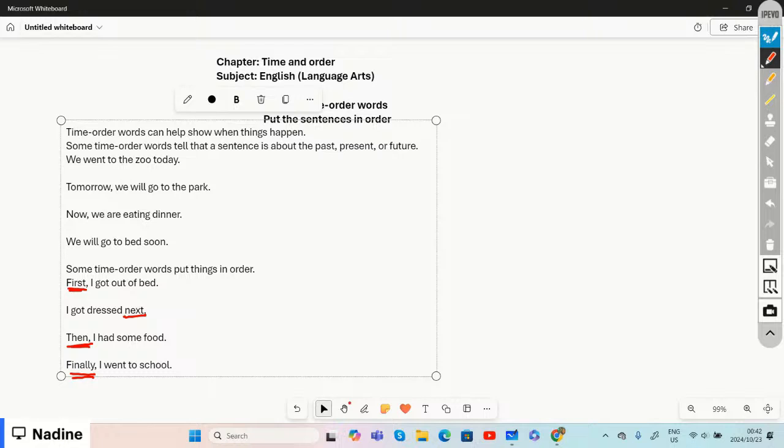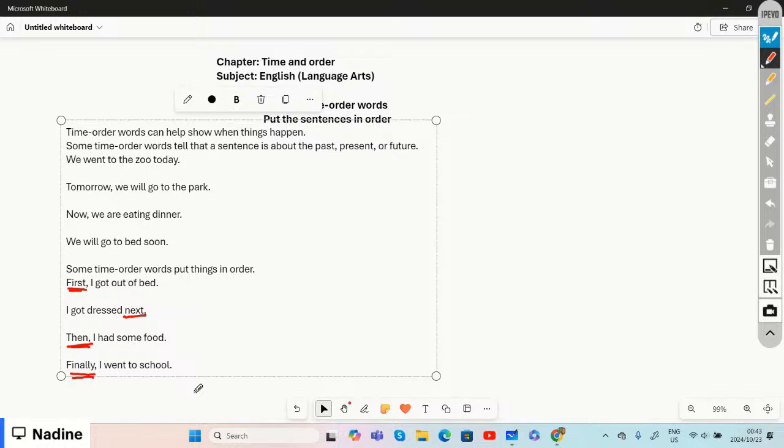If we're even talking about the order, first I do this, then I do that, next I'm doing that. So it is just about the time corresponding with the order in which it is being done. If you are doing something now, then of course your time order is going to be now or today. So that is basically time order.